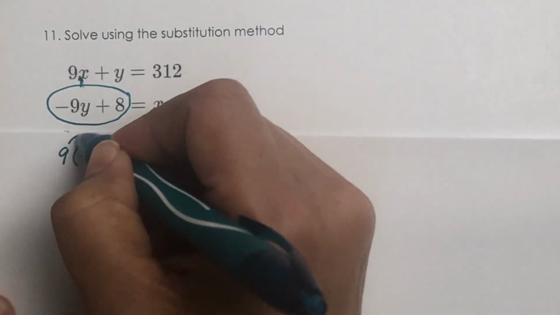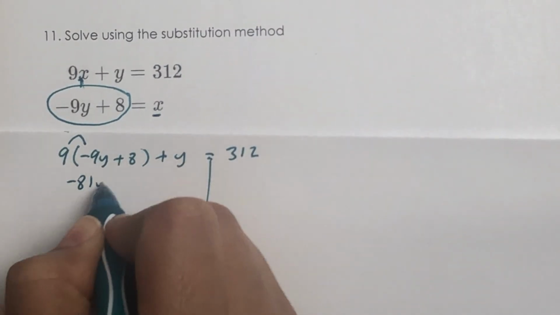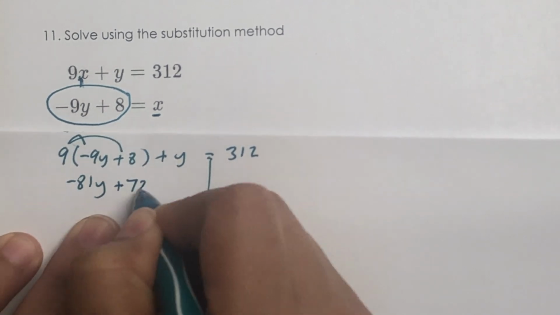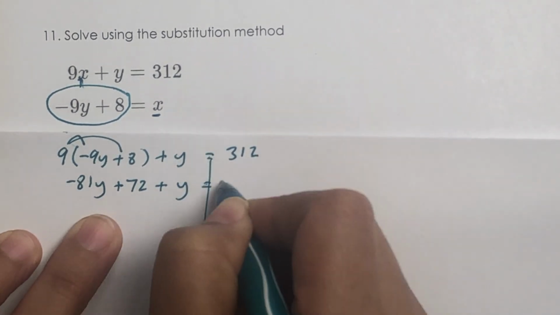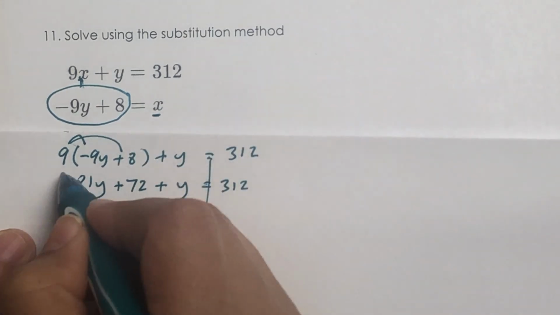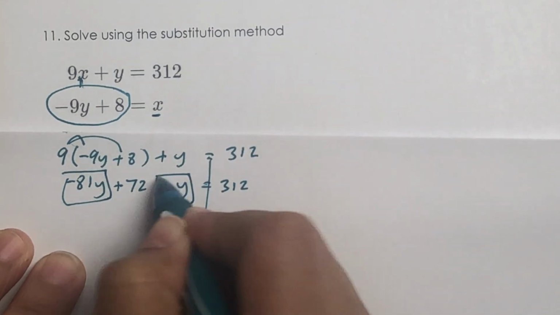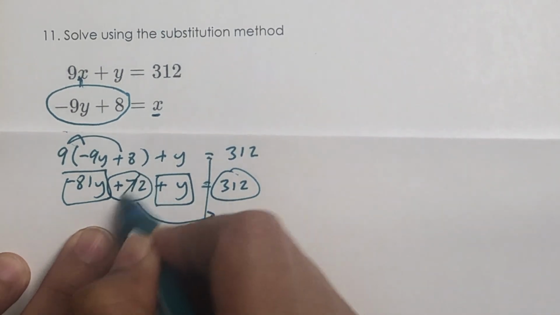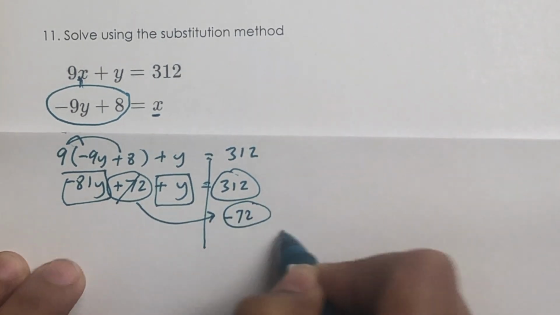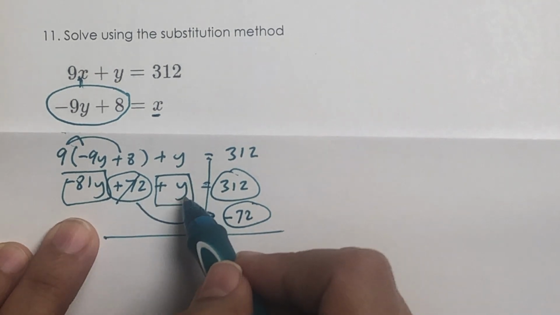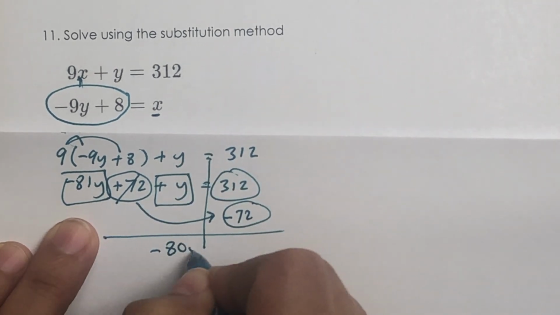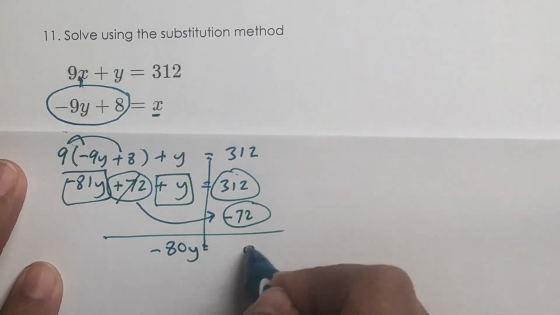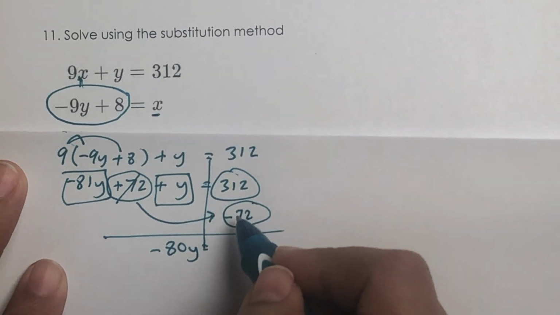All right, go ahead and distribute that. You're going to get negative 81y. 9 times 8, 72, plus y equals 312. Okay, look, boxes around my variables, circles around my numbers. Take my circles to one side, so that's going to be negative 72. So negative 81 plus 1 is negative 80y. 312 minus 72, so that's 240.